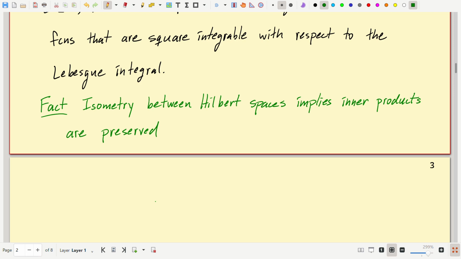So remember we had, what did we have? We had Parseval's identity that the L2 norm of f squared was equal to some factor of the sum of the Fourier coefficients squared.